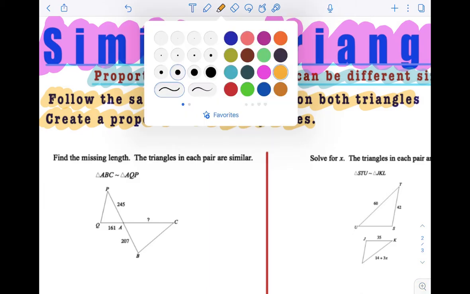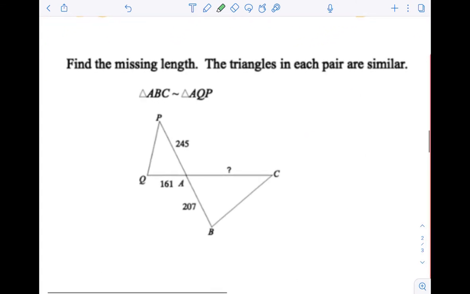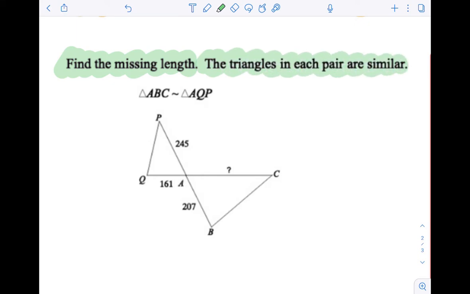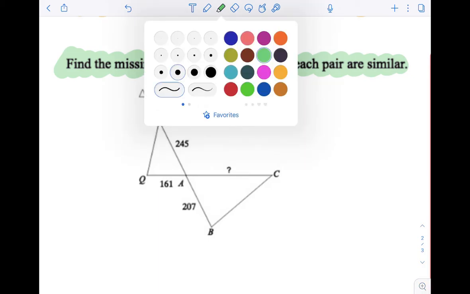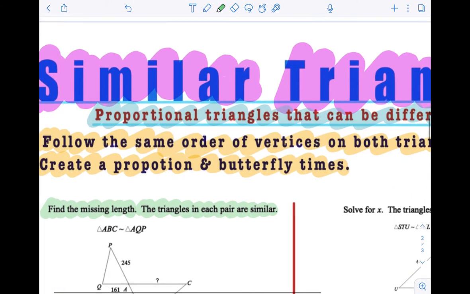So let's take a look here. The first example says, find the missing length. The triangles in each pair are similar. Now, the way we find similarity, kiddos, is we have to follow these rules.